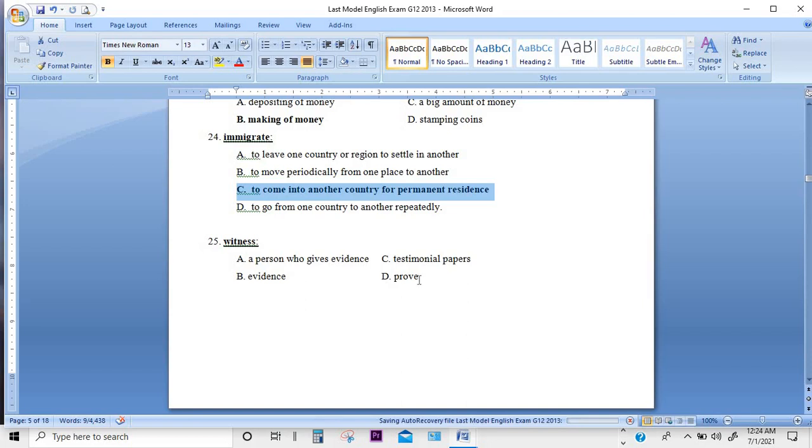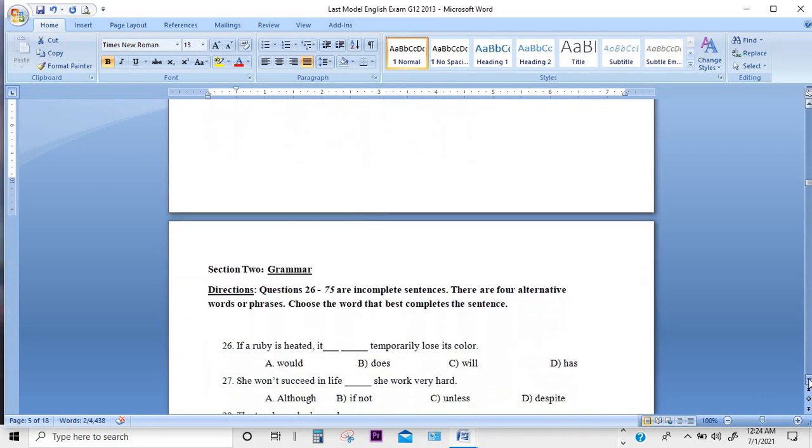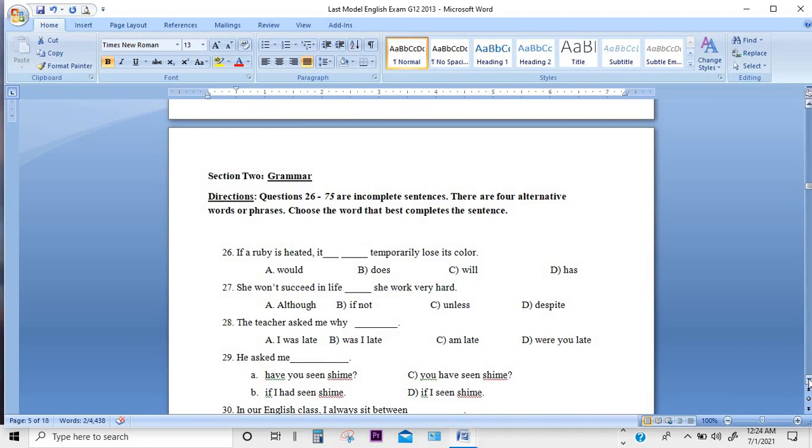So according to the context, witness means proof. The dictionary meaning is a person who gives evidence, or a person who testifies in the court room or whatever, in some place.